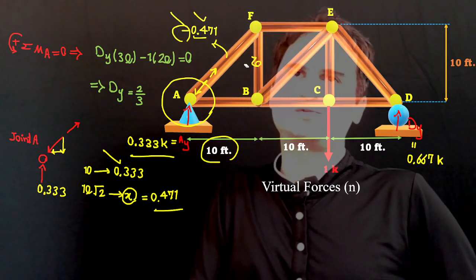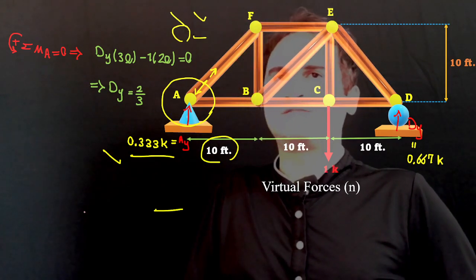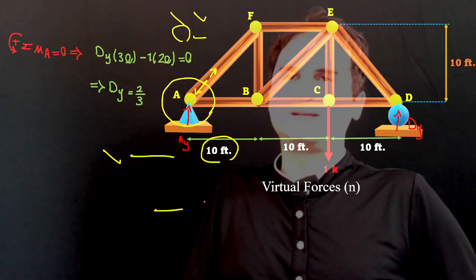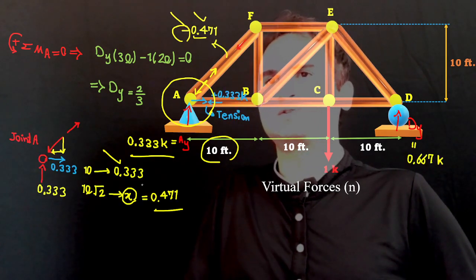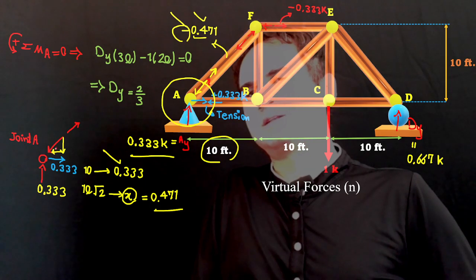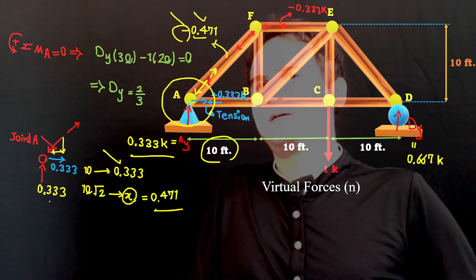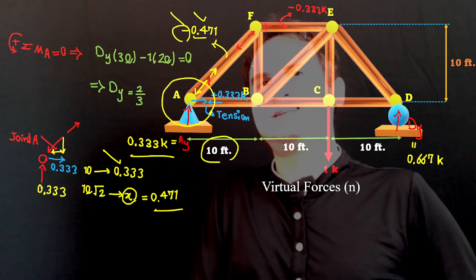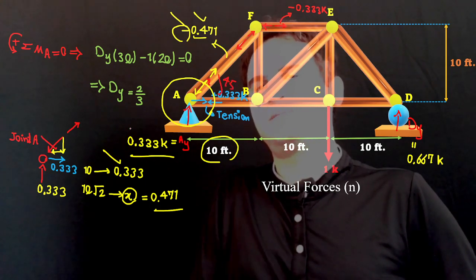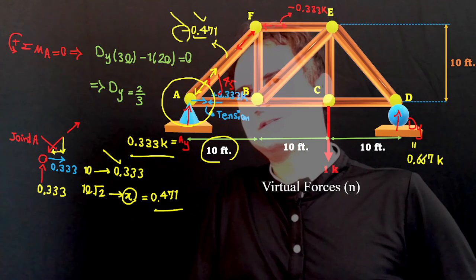Also, as soon as we have this one, we can easily calculate other forces. If this is 10, this is 10, this is 45 degrees, it means if this angle is 45 here, these two are the same.